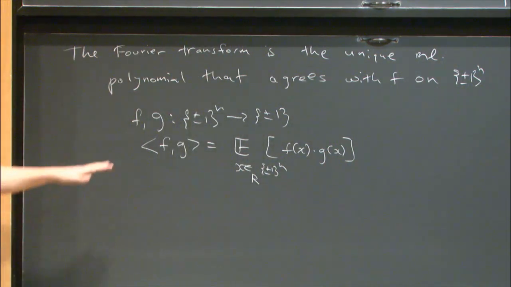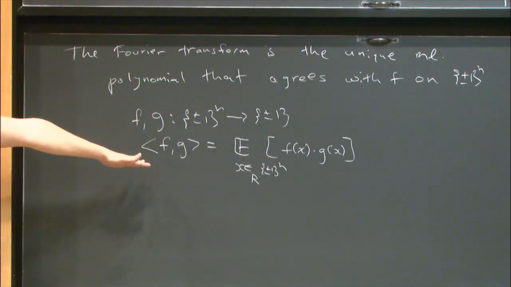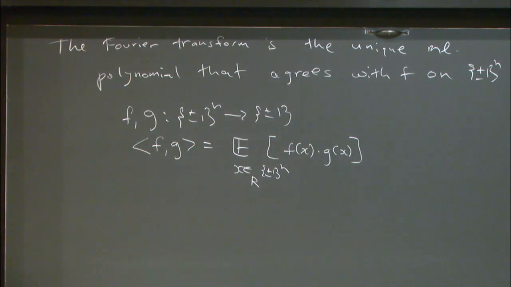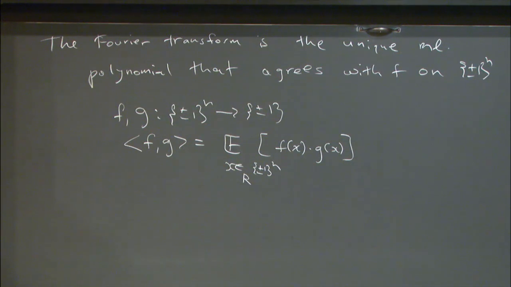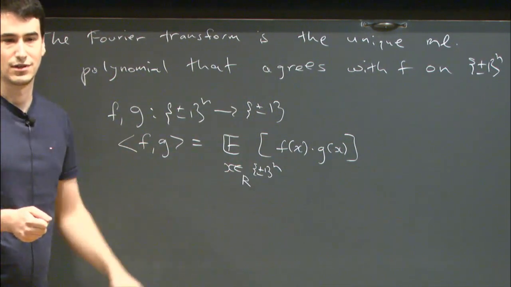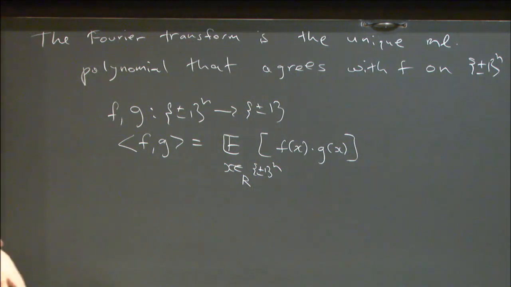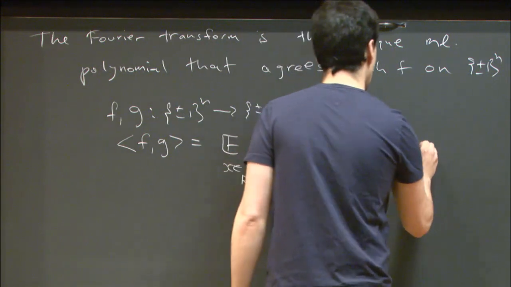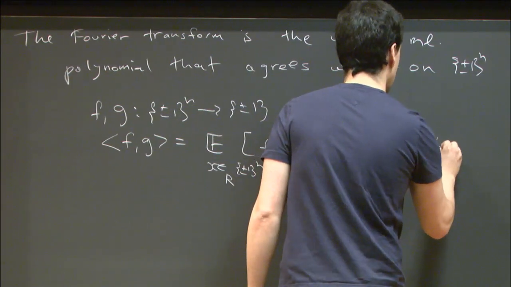If they are both Boolean functions, this is a number between minus 1 and 1. It measures how much they agree. If they agree on half plus epsilon, this will be, I think, 2 epsilon. So this is a correlation between f and g.